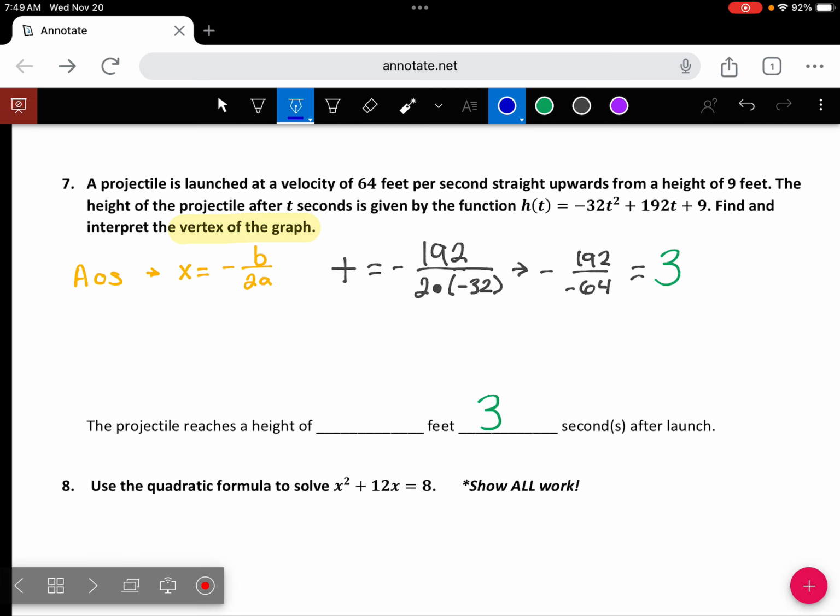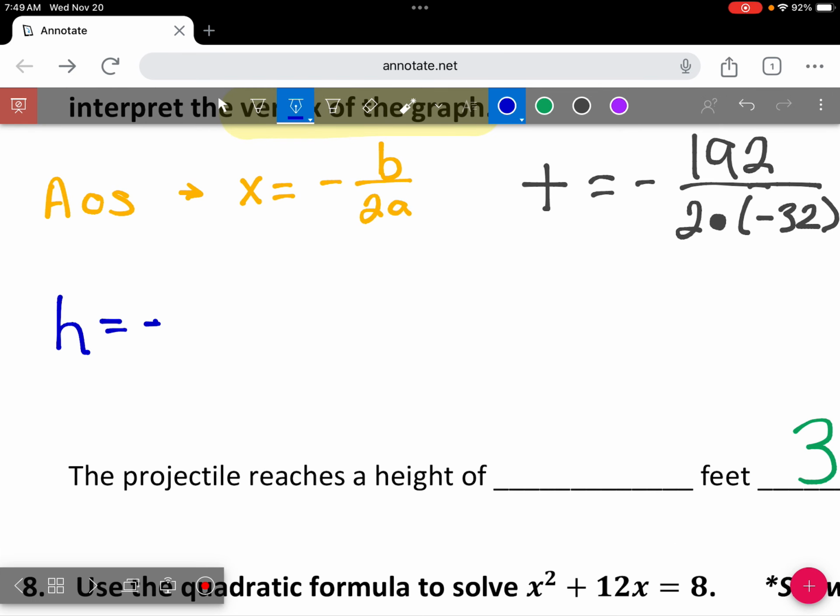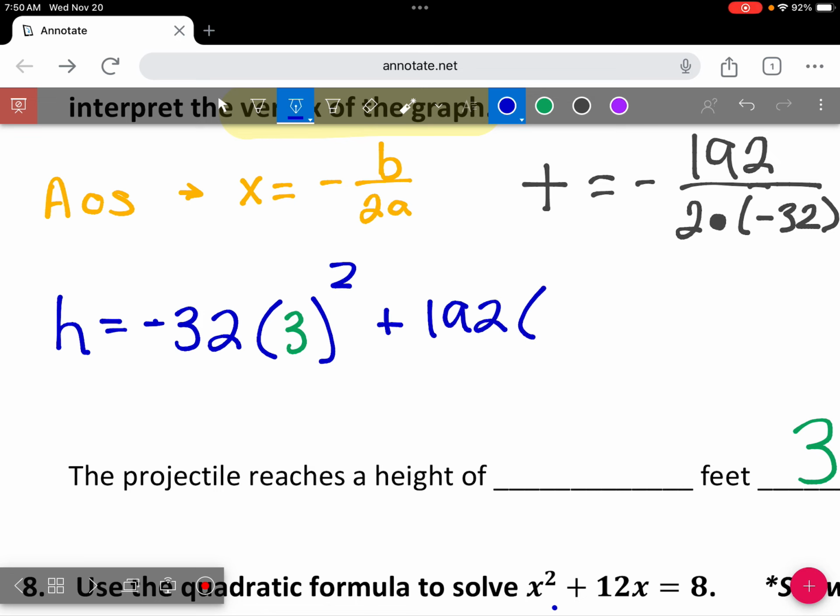Substitute it back in. So our height equals negative 32 times our t of 3, squared, plus 192 times our 3, plus 9.